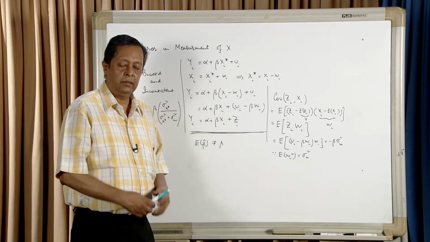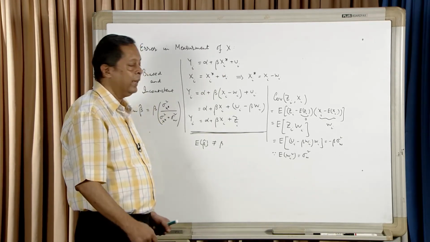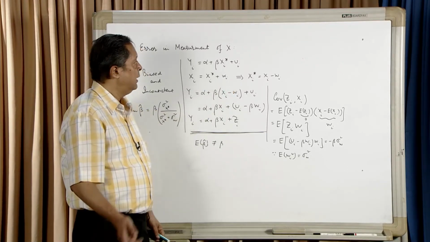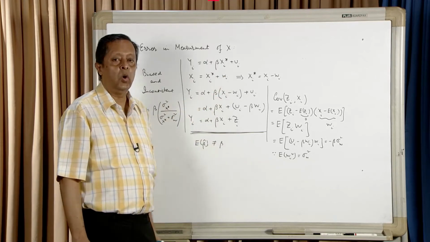Now, we will take a look at two more things. One, incorrect way this ui enters the model, another when the ui is not a normally distributed variable.